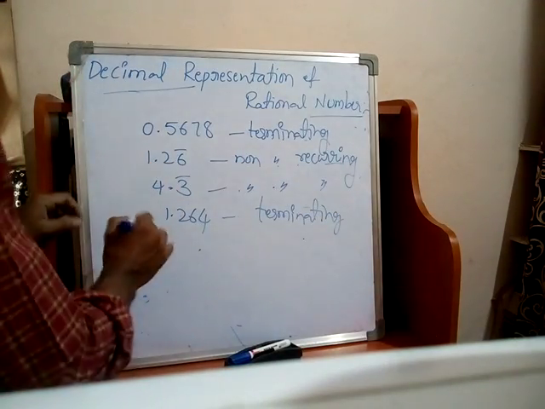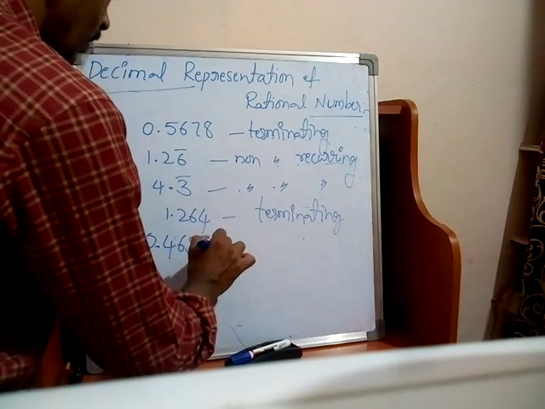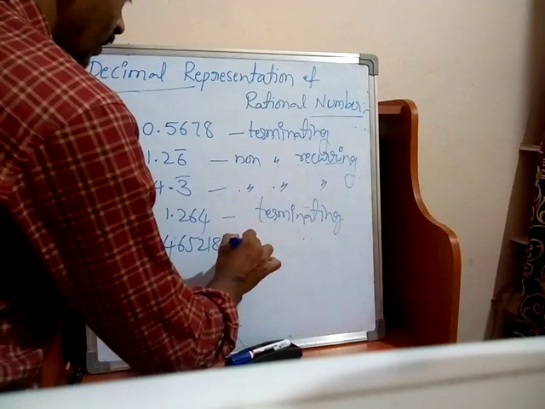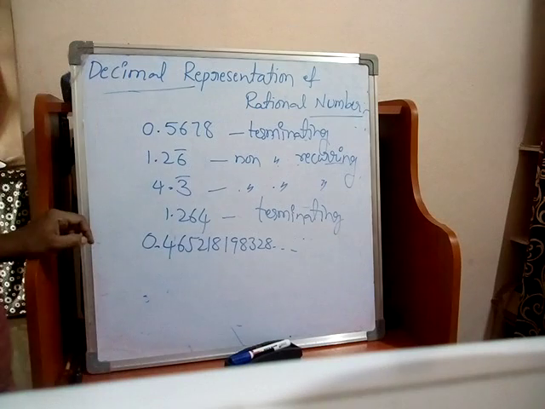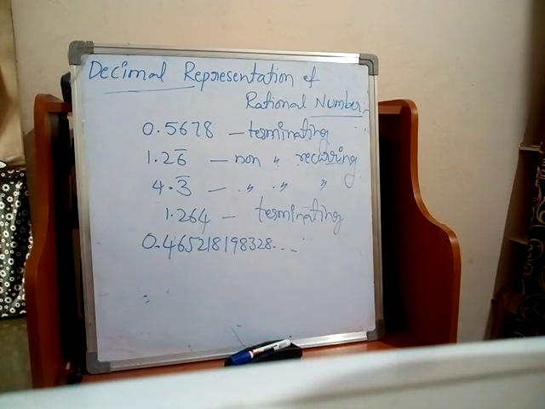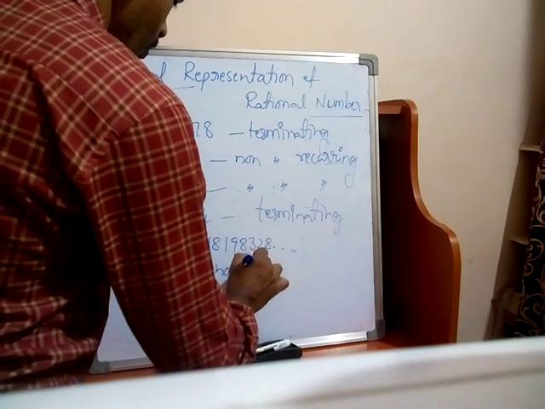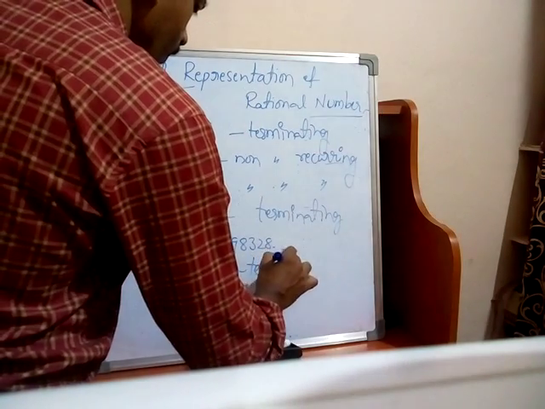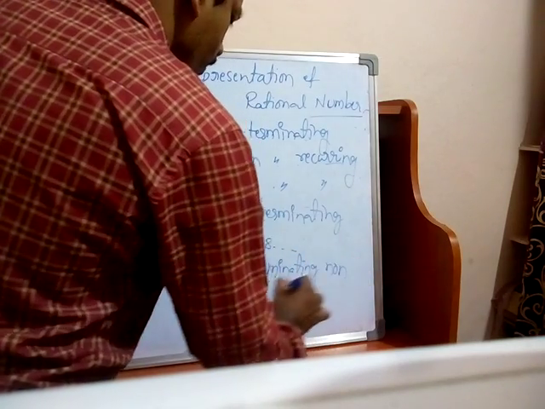Now observe this one: 4 6 5 2 1 8 1 9 8 3 2 8 like this. Is any order there? There is no particular order, so this is a non-terminating non-recurring decimal.